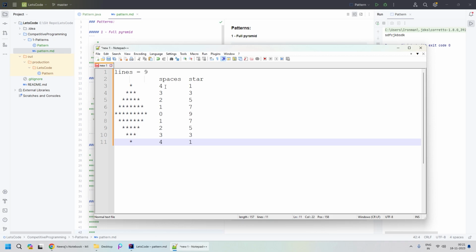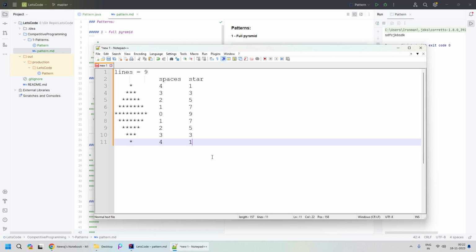Every line we are decreasing the spaces by one till we reach the middle line, and then we keep on incrementing it. Similarly, every line we increase the number of stars by two, one for the left side and one for the right side, and then once we reach the middle, we decrease it by two.